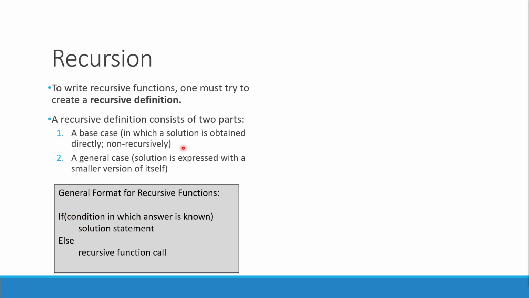In other words, it's the base case. And then you simply enact the lines of code in which the solution is obtained without recursion. And if this condition is false, we use the recursive call to further break down this problem into its constituent steps.